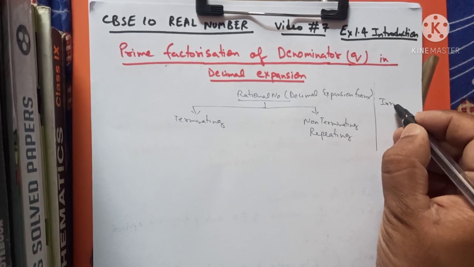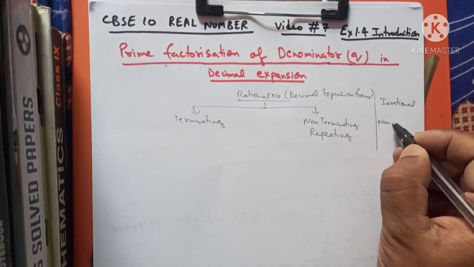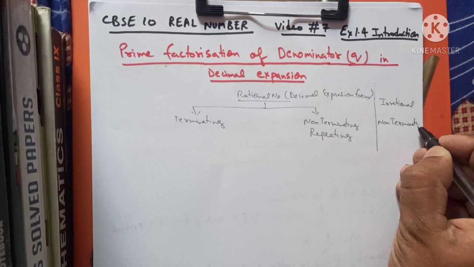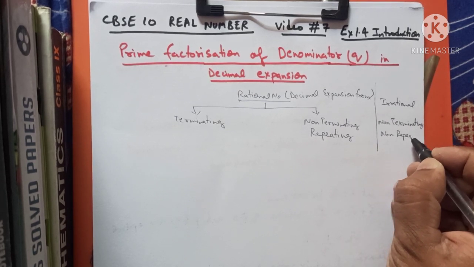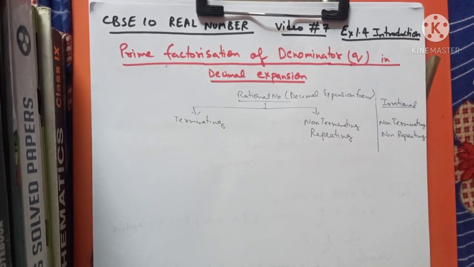However, non-terminating, non-repeating decimals are coming in the category of irrational numbers.